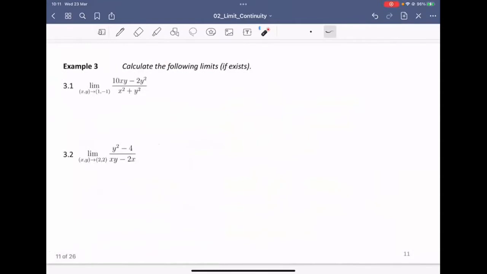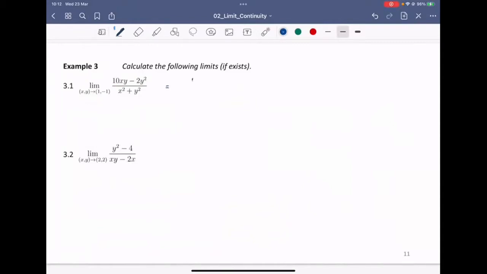Let's look at the example. For example, let's try to do example 3 together here. I have the limit of 10xy minus 2y squared over x squared plus y squared, where (x,y) goes to (1,-1). What I can do here is, similar to Cal 1, why don't we plug in x and y? We can.